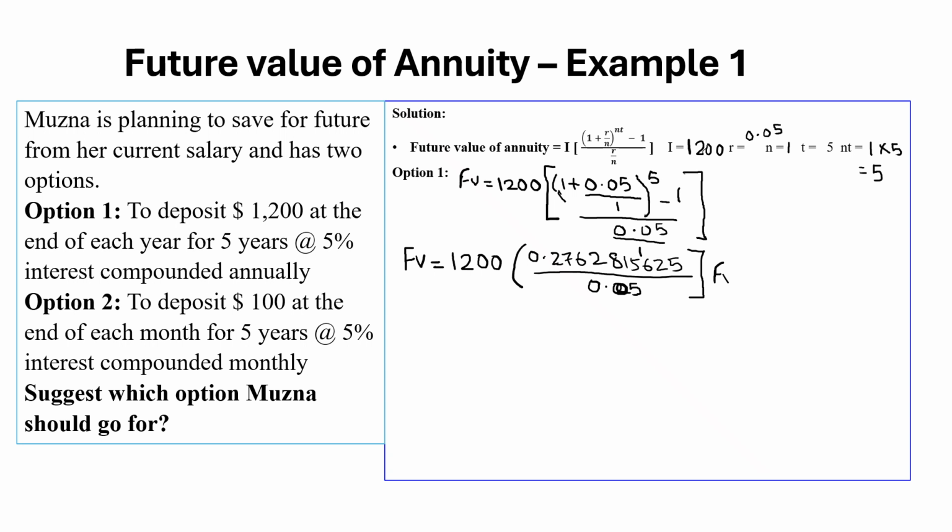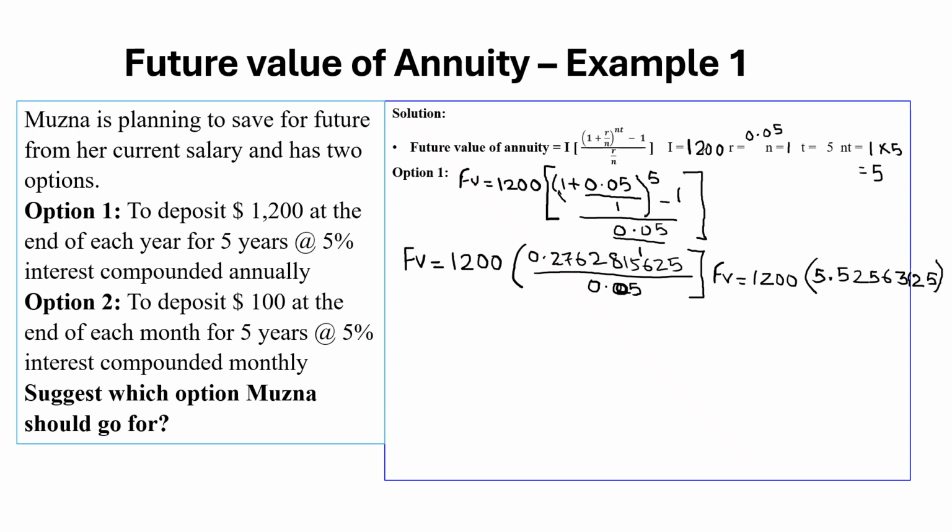Our future value is equal to 1200 into bracket, when you take 0.2762815625 divided by 0.05 we will get 5.52563125, bracket close.